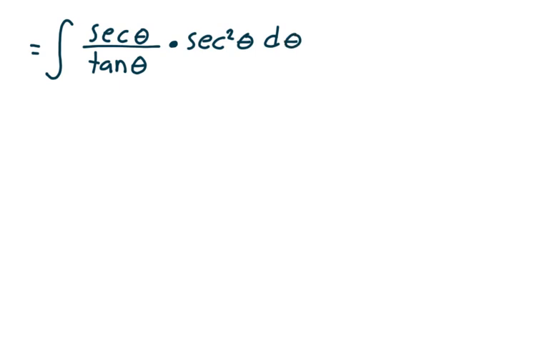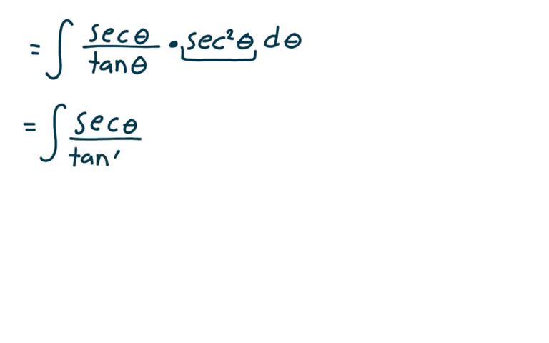Now, the typical way to do this problem is I'm going to take secant squared theta and write it as 1 plus tangent squared theta. So in other words, I have secant theta over tangent theta times 1 plus tangent squared theta d theta.